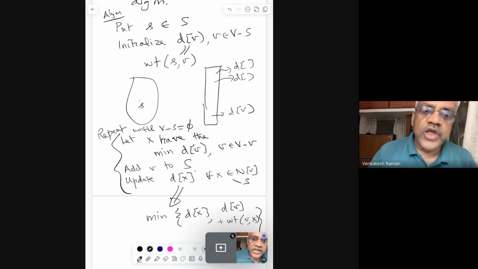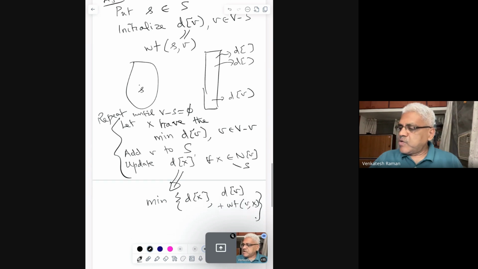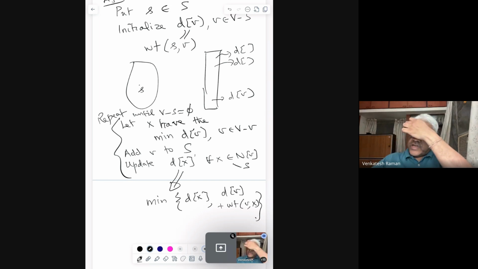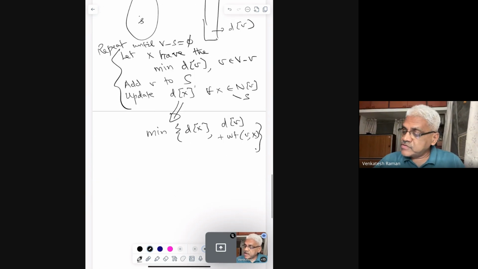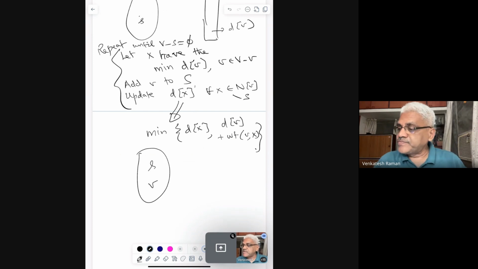So it's sort of like the queue in BFS. What we are doing is we compute the distance of every vertex outside, take the smallest vertex and add it to S. So the picture will have your S and then x will come inside.